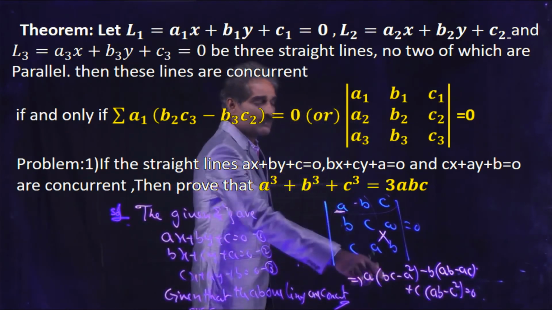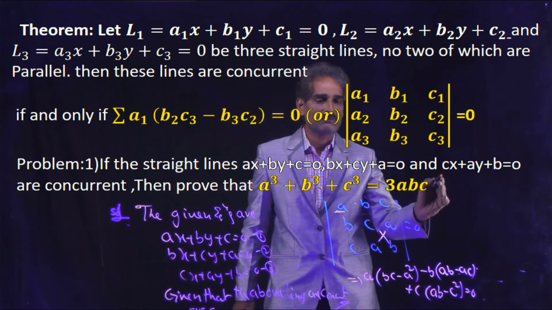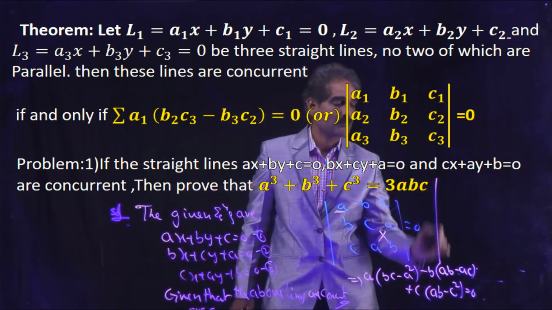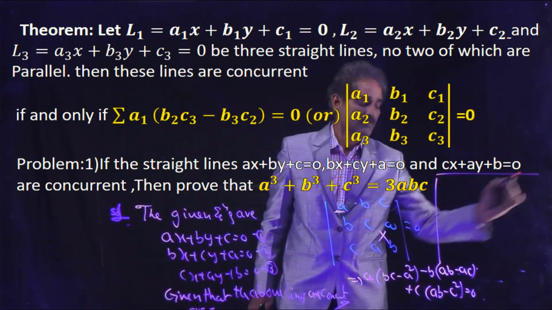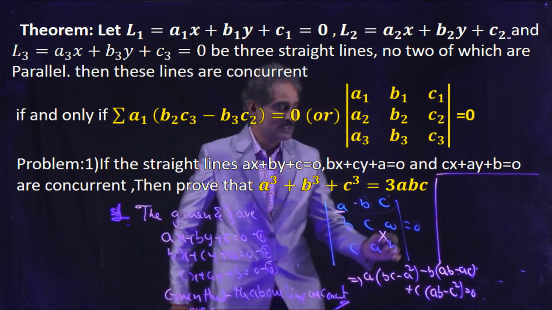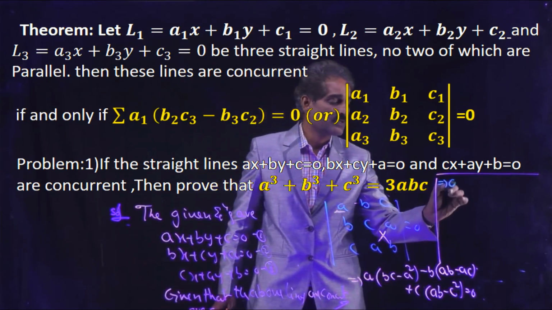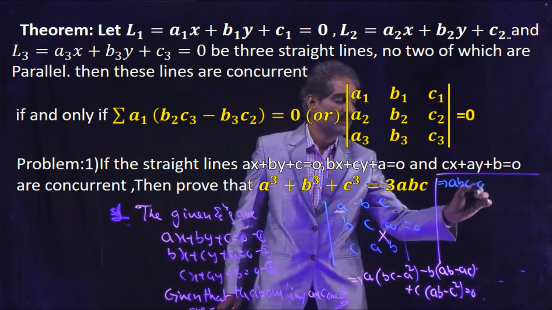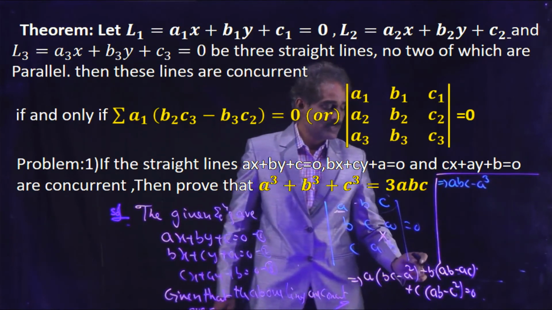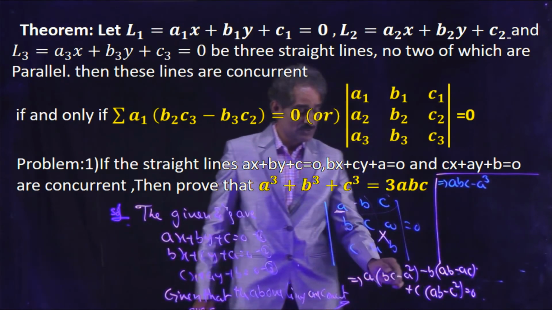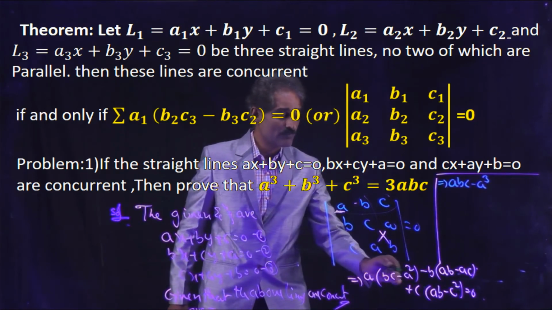Now multiplying these out, we get ABC minus A cube.